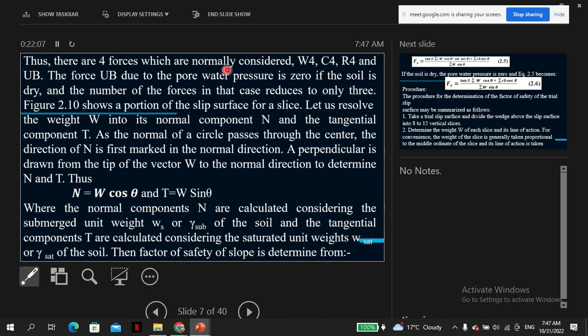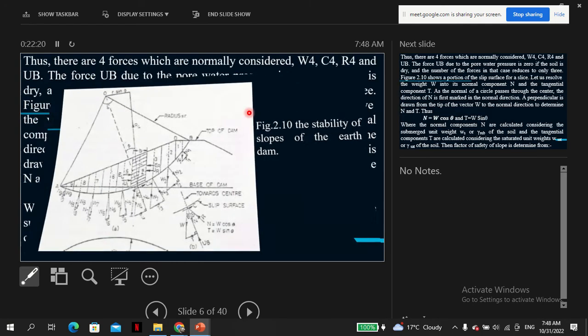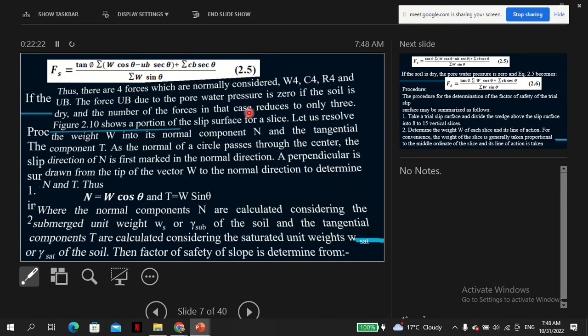Thus there are four forces which are normally considered: the weight, this is the shear. I think maybe they are shown here or in the next slide.